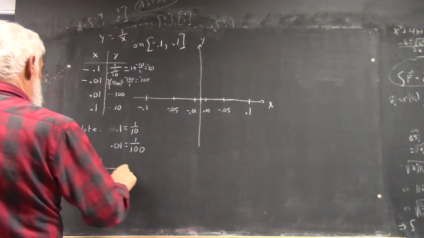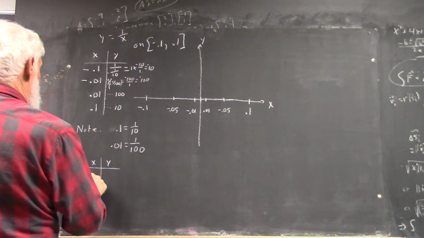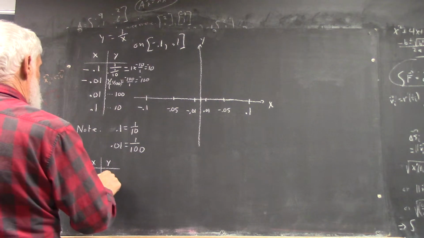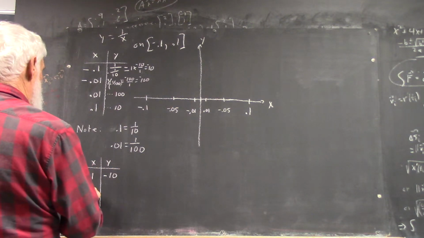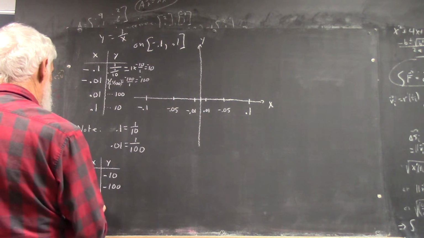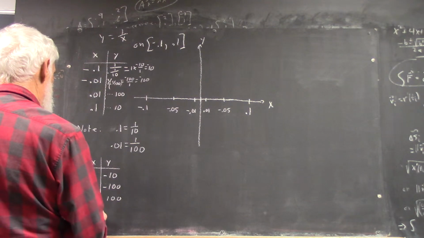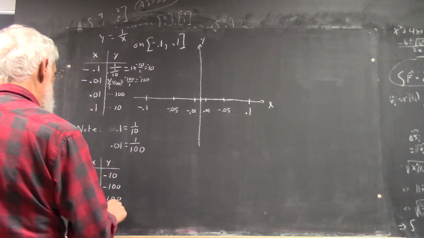And let's just draw the table up here without all the calculations now. Negative 0.1 gives us negative 10. Negative 0.01 gives us negative 100. 0.01 gives us 100, and 0.1 gives us 10.